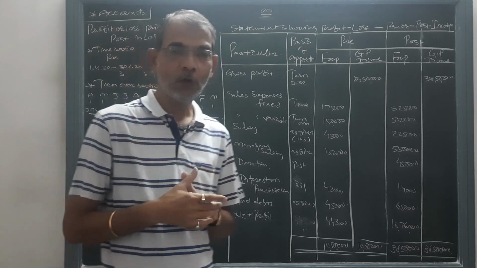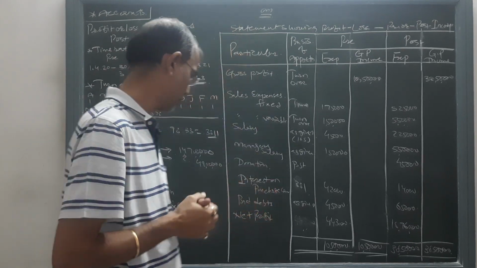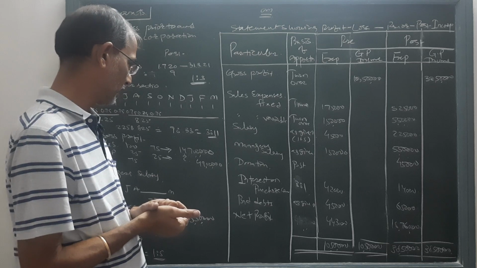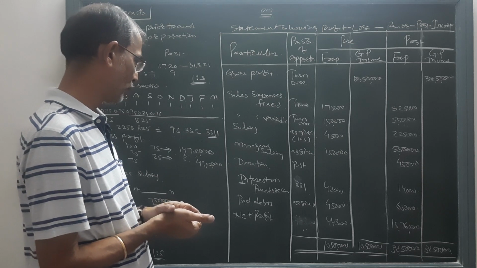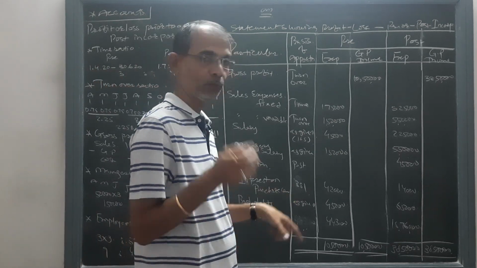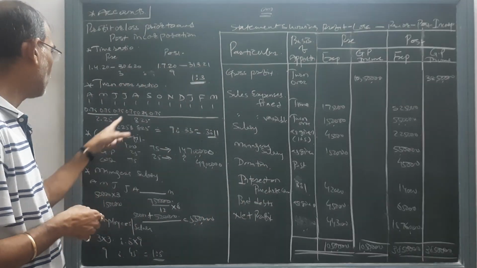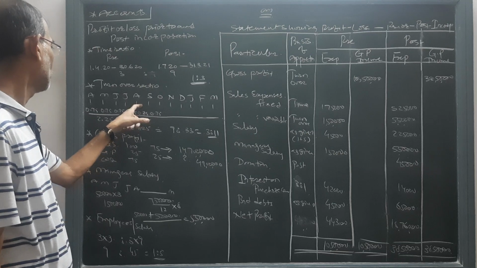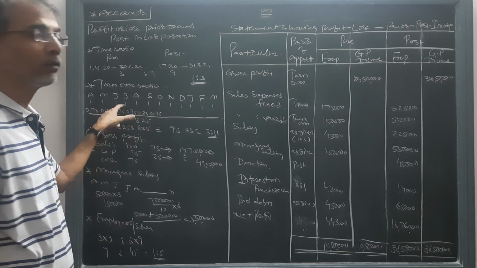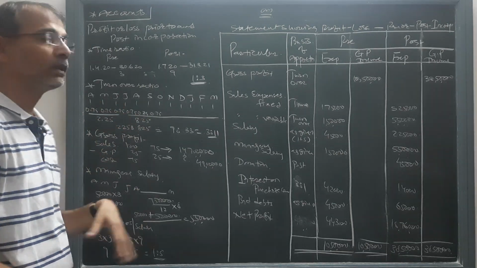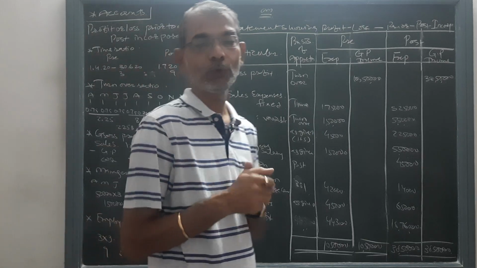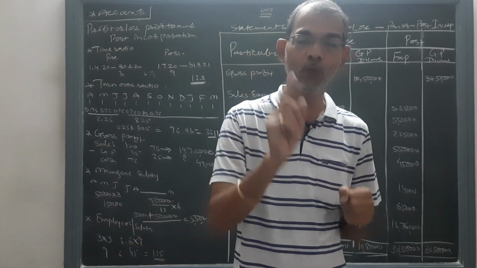Donation, as we know, always is a post period expense, and interest on purchase consideration was to be distributed in the ratio of 3:1, as interest on purchase consideration was paid on 1st August. So post month was 1 and pre months were 3, so it was distributed in the ratio of 3:1.